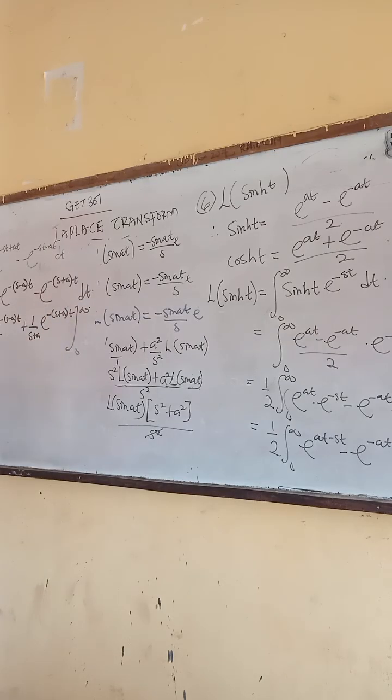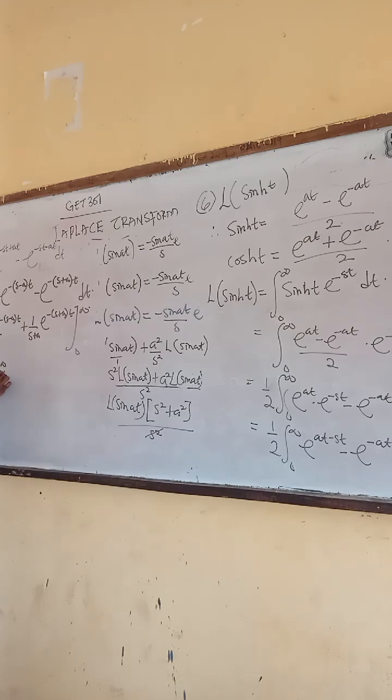Are you following? Now from this place I can have it as 1 over 2 open bracket for infinity. You know that if this one is infinity, this one is infinity, both of them are what? 0. Or let me just do it one by one so that you get. You have 1 over 2 open bracket, right? Minus 1 over s minus a exponential minus s minus a times what?